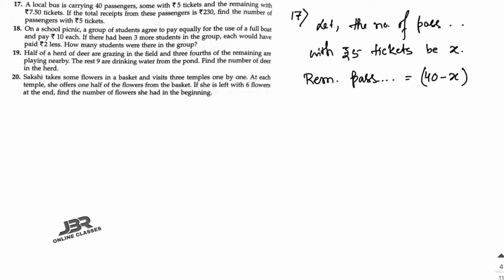If the total received from these passengers is rupees 230, then according to the problem you can write x into rupees 5 plus 40 minus x into 7.50, equal to 230.